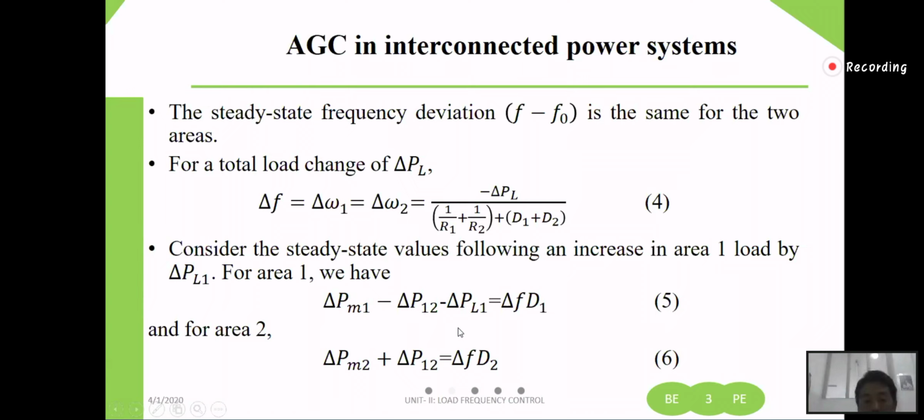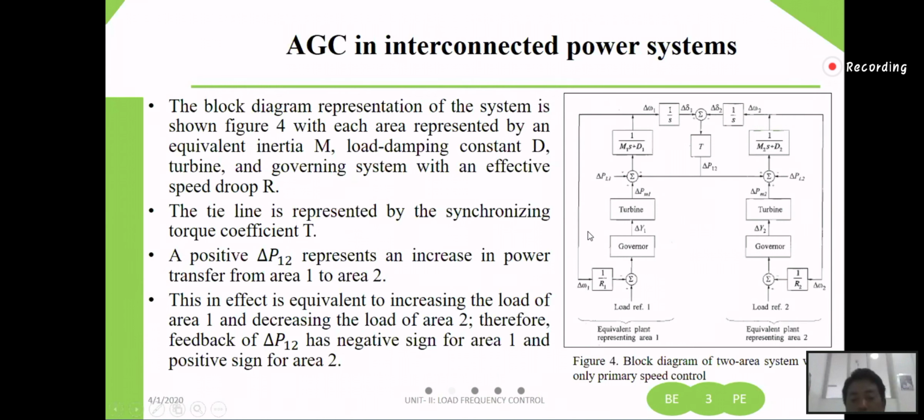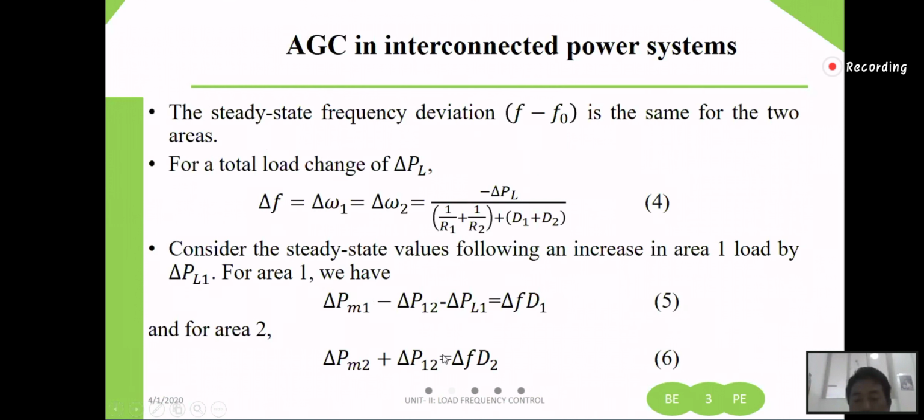Here we will not reflect del PL2 because we have considered that the load changes in system 1 only, which means there is a power flow from area 1 to area 2. That's why we have not reflected del PL2. Okay, so this is equation number 6. So we are deriving this from the block diagram to get the changes in frequency deviation in steady state.